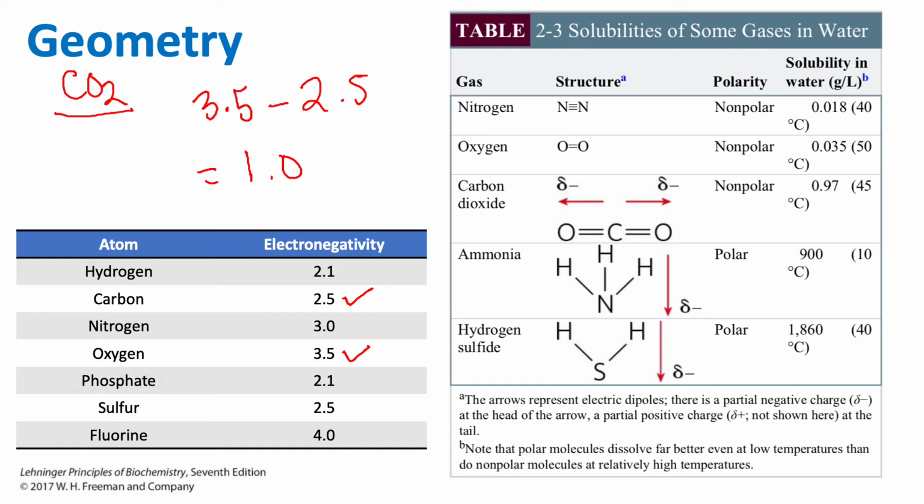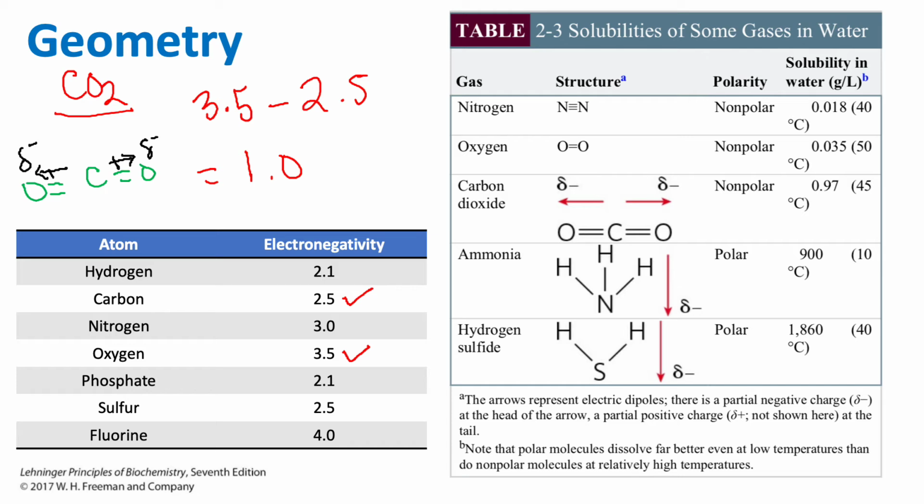The geometry of carbon dioxide is linear. So we see this structure for carbon dioxide. This linear structure of carbon dioxide cancels out the two dipoles. So if we have the partial negative dipole here, we have another partial negative dipole here.